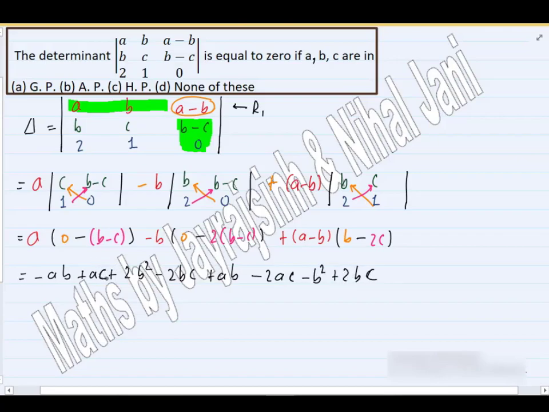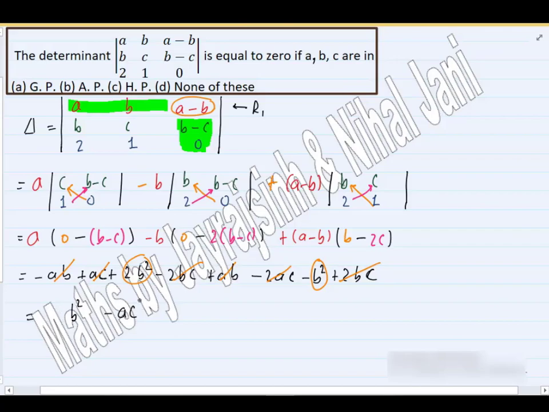Actually here we have A into C, right? This is your AC. Okay, now AB will cancel out, AC and minus 2AC will give us minus AC, then minus 2BC plus 2BC will cancel out, and 2B square minus B square will give us B square minus AC, which is equal to 0.